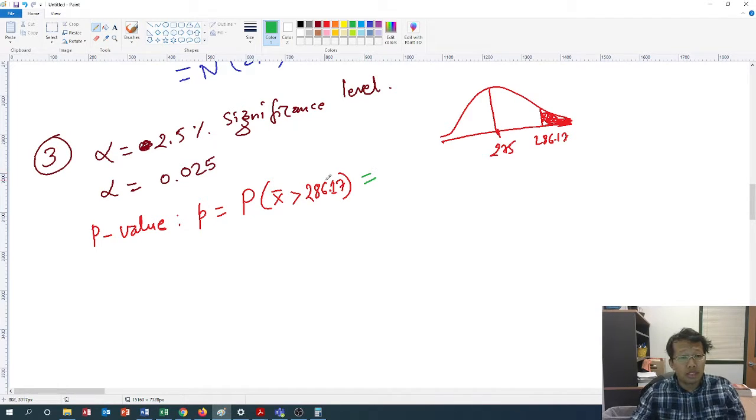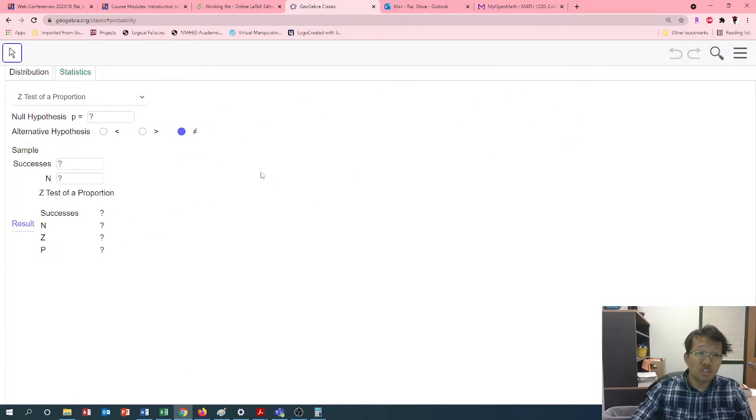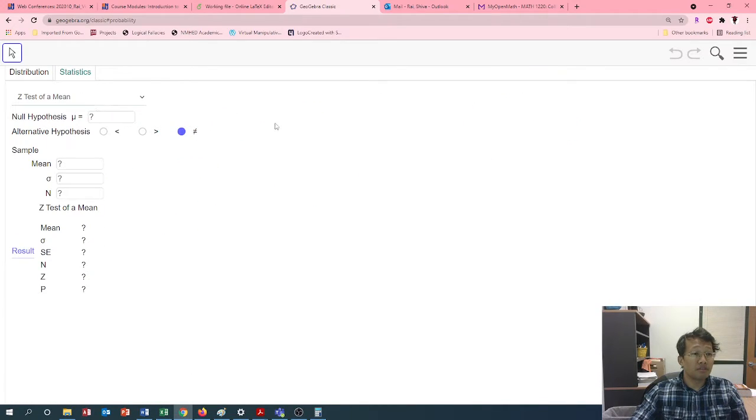Now let us write down everything. Since the distribution is normal, we go for a Z test of a mean. What is the null hypothesis? The null hypothesis is 275, and we want greater than, since the players were skeptical about the mean bench press weight, so they thought that it's greater than 275.